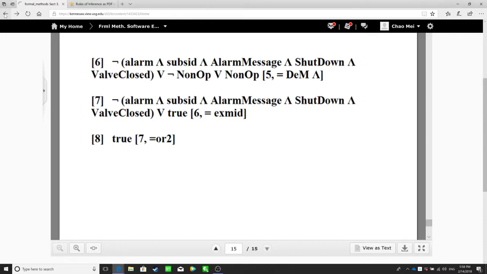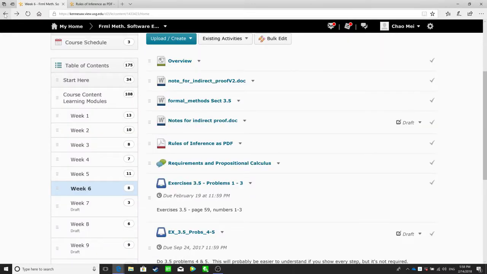Let's repeat it again. First we have those premises and we use the and to connect those premises, right? And after we connect those premises, we have an implies the conclusion we want to prove, right?